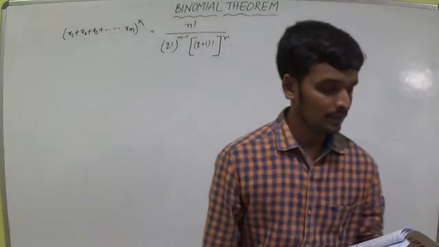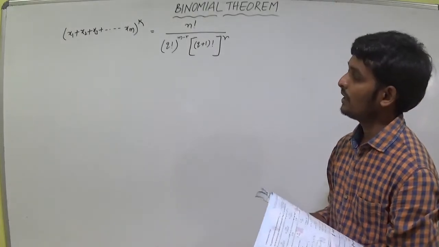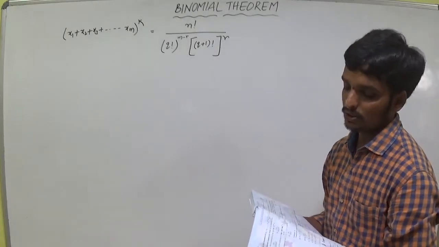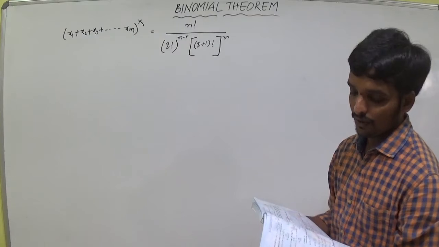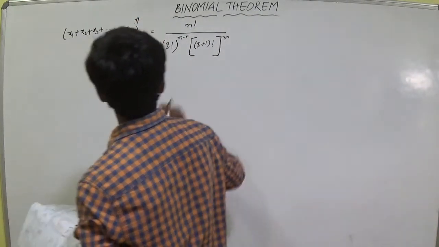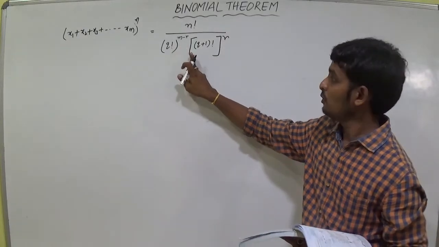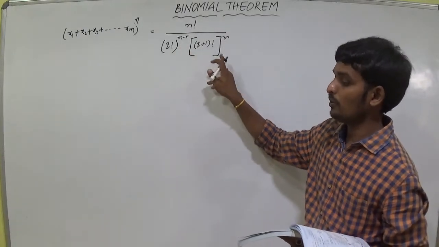Observe that clearly. So the greatest coefficient in the expansion of (x1 + x2 + x3 + and so on xm) whole to the power of n is n factorial by (q factorial) to the power m minus r into (q + 1 factorial) whole to the power of r.